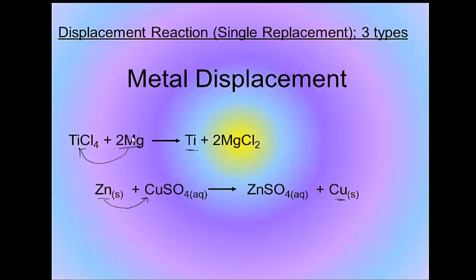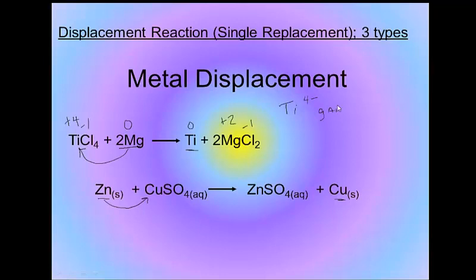Assign oxidation states. +4, element 0, -1, +2. Notice that the titanium ion in the compound went from a +4 to a 0.